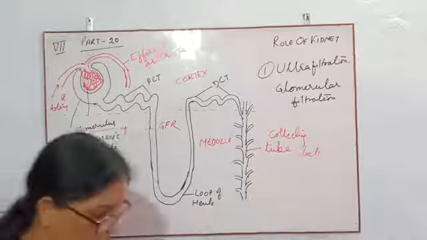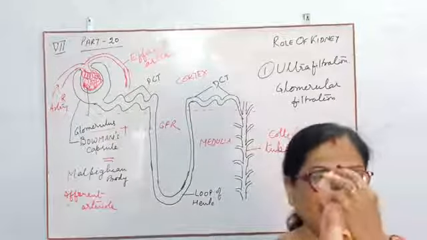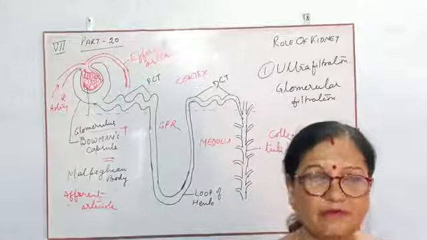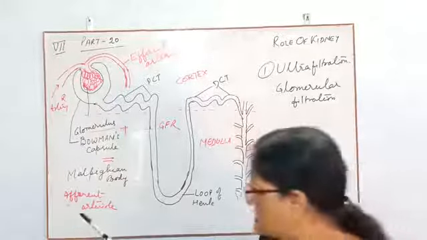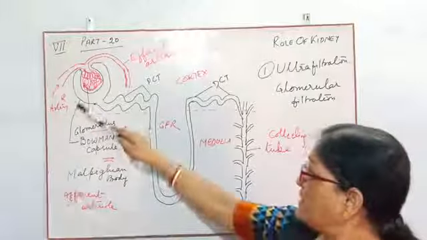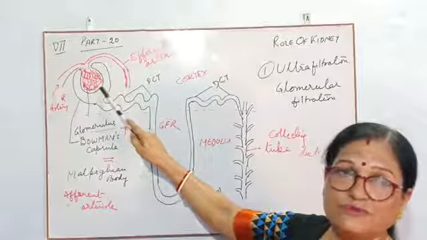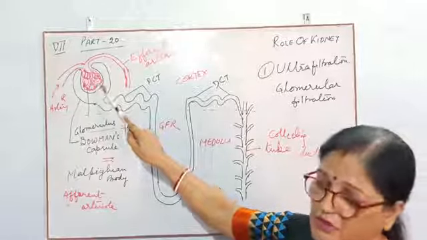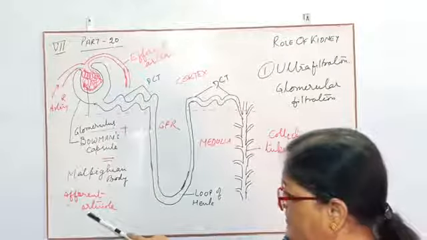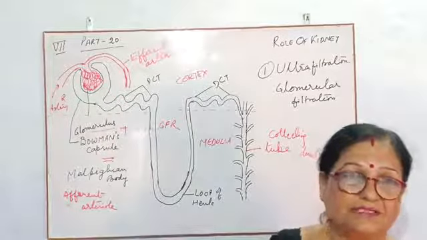See, according to your mobile, I am telling you incoming and outgoing calls, all of you know. So afferent means incoming. When the blood reaches the Bowman's capsule or the glomerulus, the name of that vessel is the afferent arteriole.